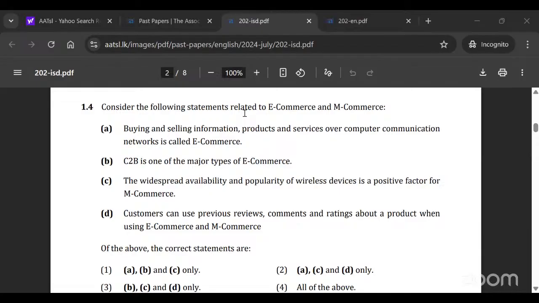Number 1, 2, 3, 4. Yes, the answer is 4, right? Answer is 4. All of the above.